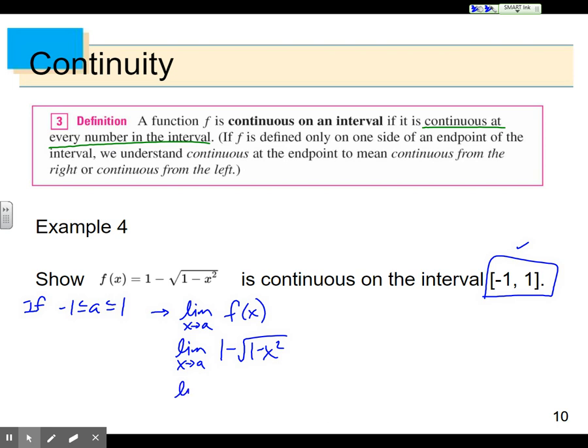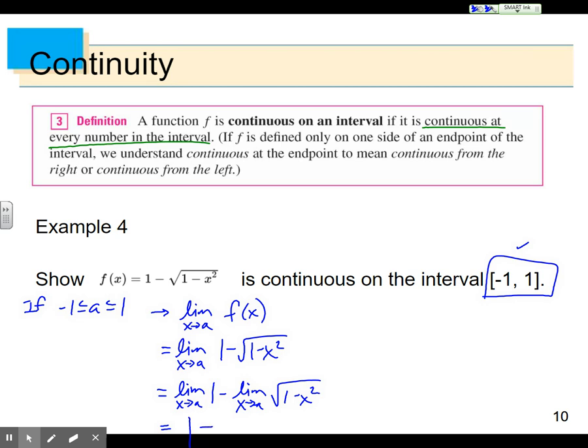And so to do that, I fall back on my limit laws, which always work. I can take the limit of the difference as the difference of the limits. Oh, I left off something really important, these equal signs. If I take the limit as x approaches A of 1, if I take the limit of any constant, it just gives me a constant, 1.